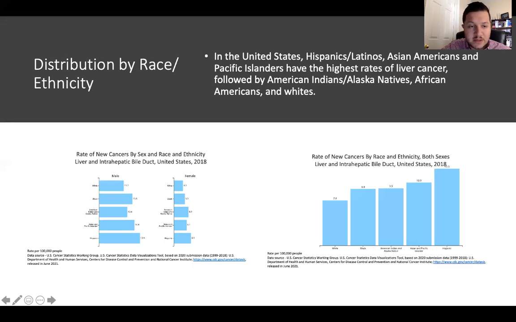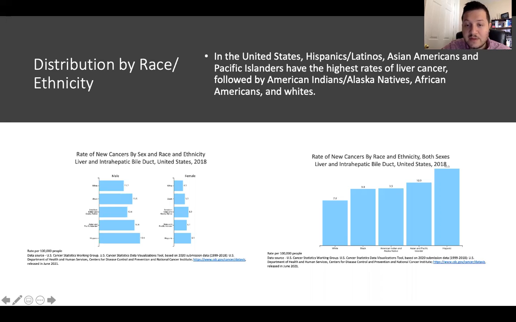So with liver cancer, like I said, males tend to be more associated with liver cancer than females, and the distribution is uneven amongst races. So Hispanic and Latinos actually have the highest rate of liver cancer. Asian Americans and Pacific Islanders follow that, and then American Indians, African Americans, and whites.